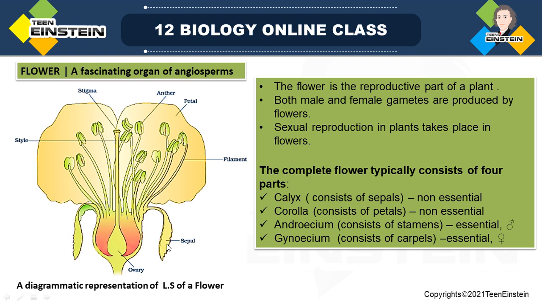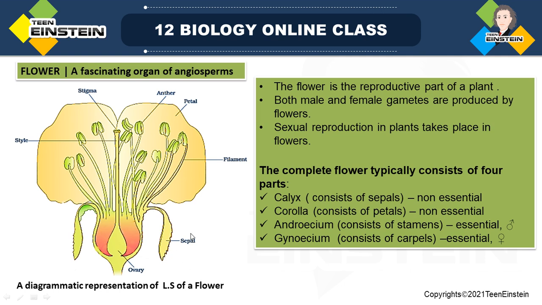So sepal, petal, anther and stigma or style. All these things: calyx, corolla, androecium and gynoecium. So in a flower, here you can see these are the sepals.